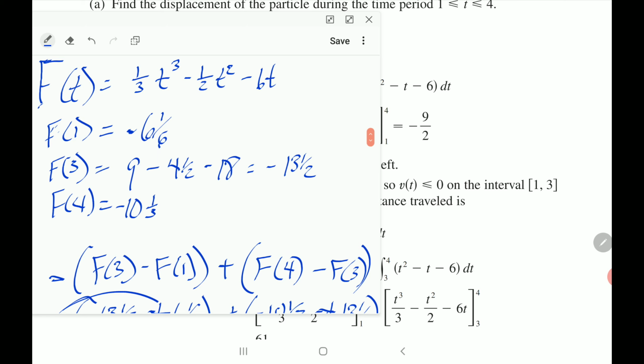Alright. Let me plug this in the calculator so I'm not doing this in my head. So give me a second.